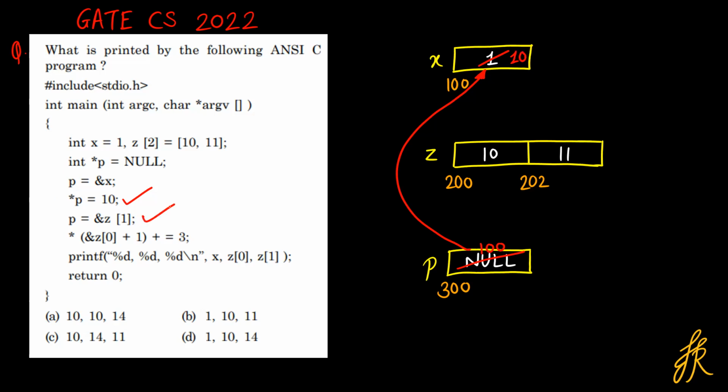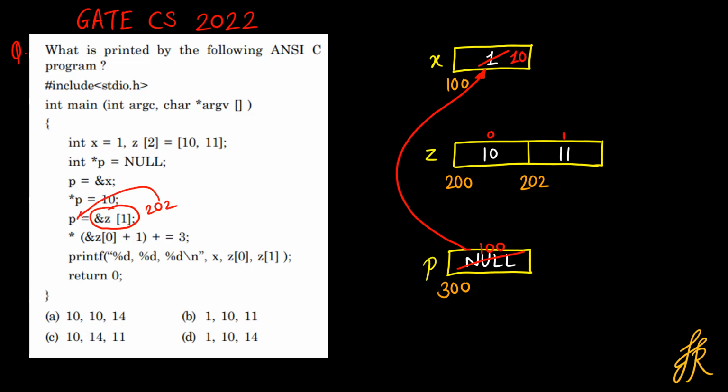Now let's see this one. p = &z[1]. Initially we'll find out z[1]. This one is the 0th index and this one is the first index. z[1], I told you it is 11. The address of this z[1] is 202.